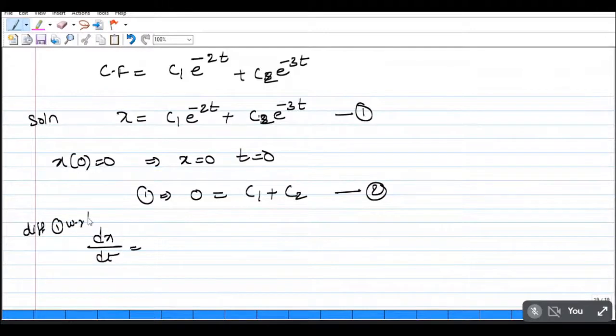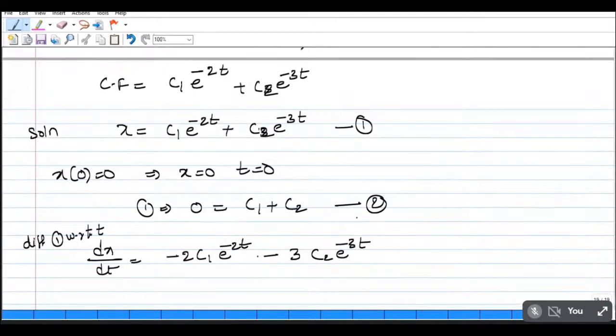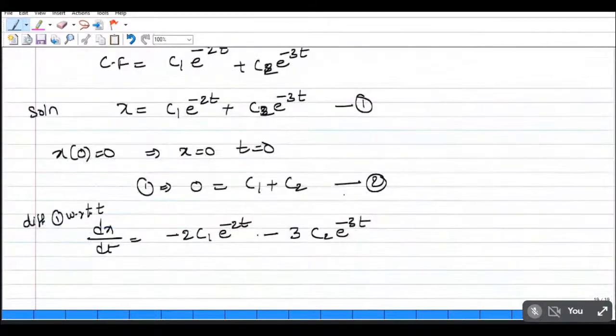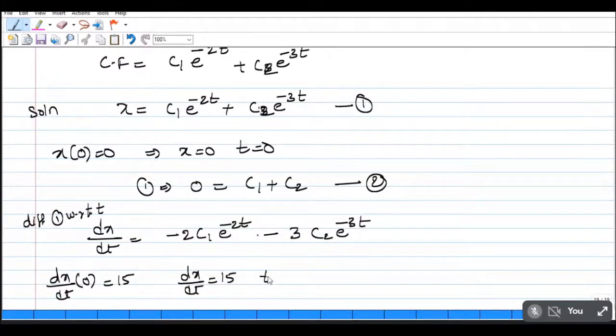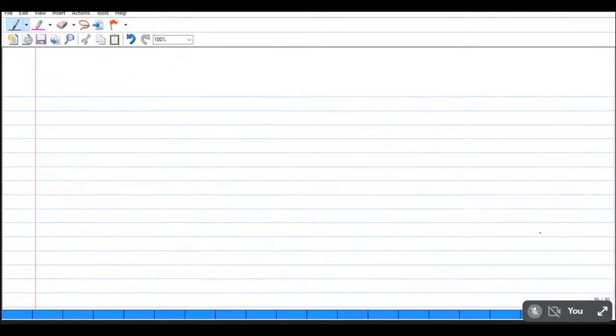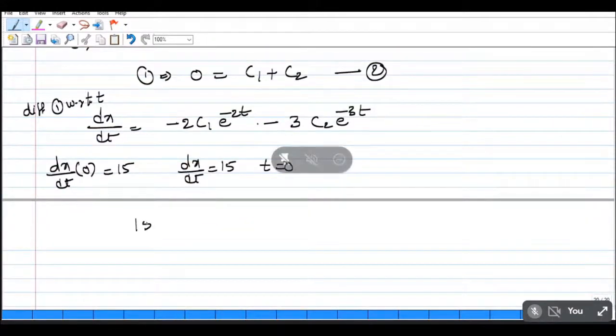Differentiating 1 with respect to t, dx by dt is equal to C1 e power minus 2t into minus 2 plus C2 e power minus 3t into minus 3. The condition is dx by dt is 15 when t equal to 0. Substituting, 15 equal to minus 2C1 minus 3C2.